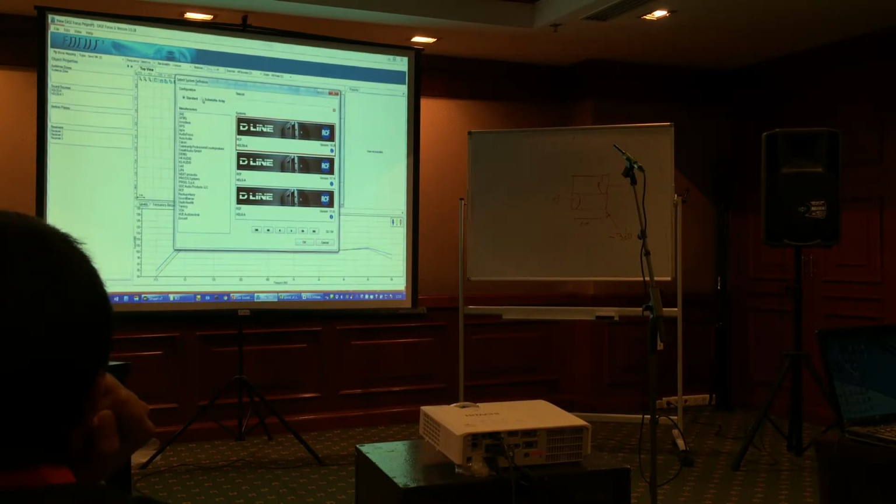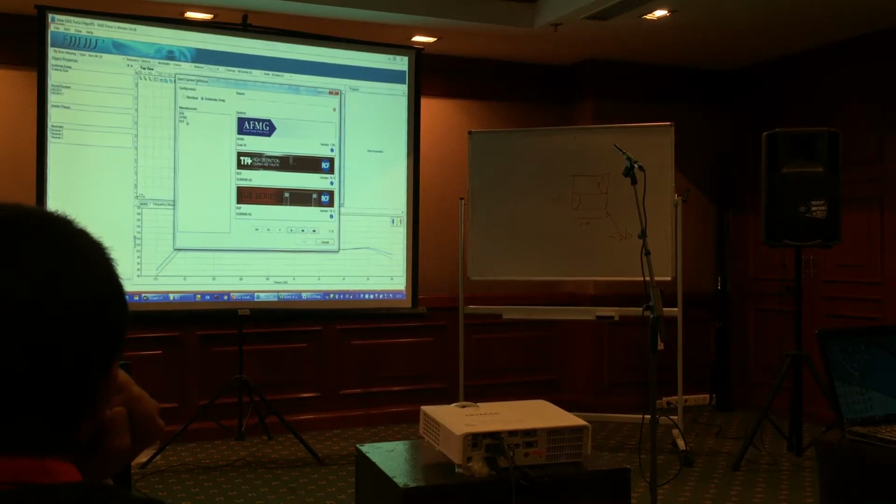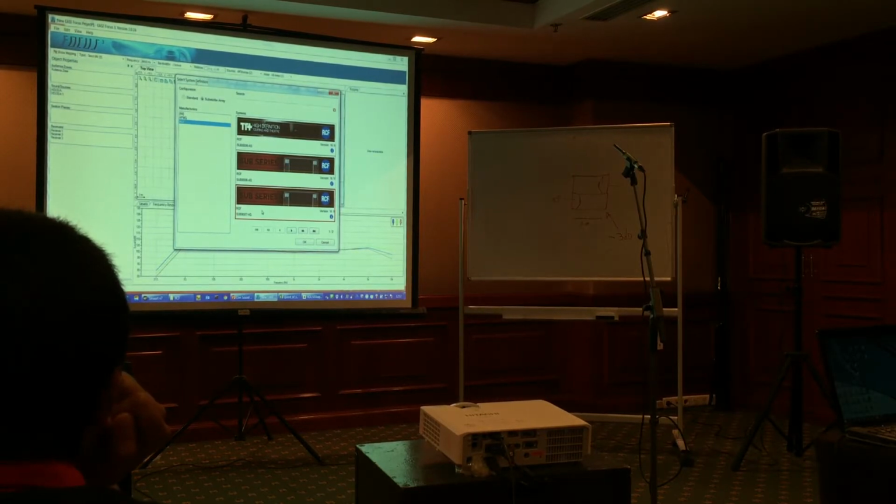We can add directly from here a subwoofer array. Select the subwoofer array, RCF, and select subwoofer 9007, the sub that will be used tomorrow.